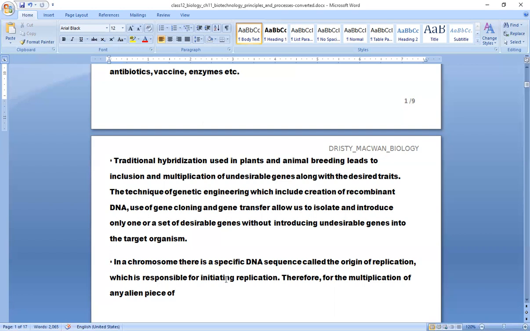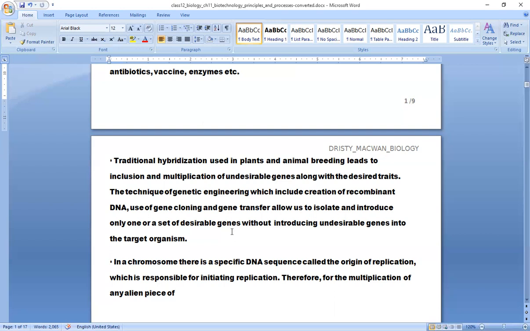And the third is gene transfer, which allows us to isolate and introduce only one or a set of desirable genes without introducing undesirable genes into the target organism. Now you know that you have a desirable gene. This desired gene you need to transfer to the target organism, which is nothing but the host body.